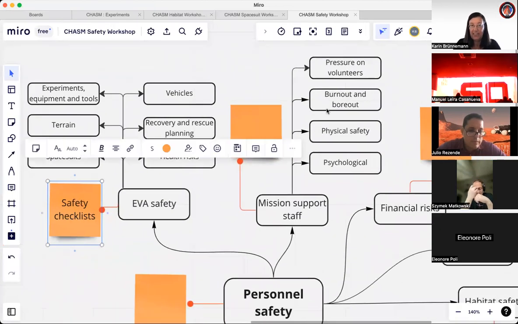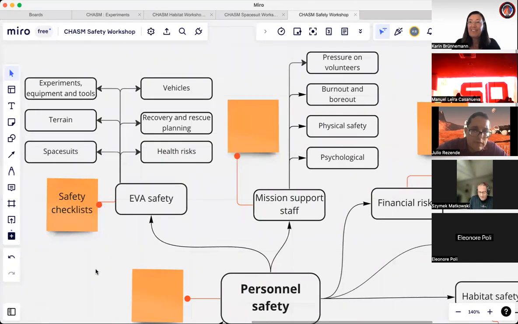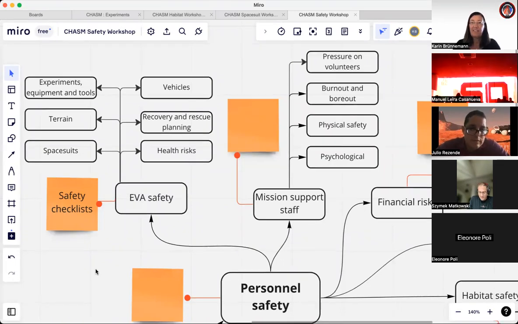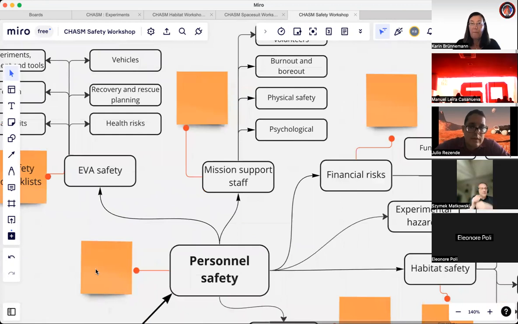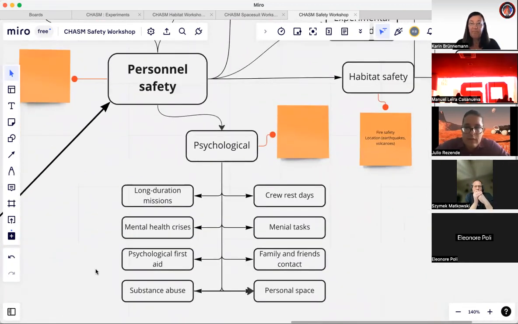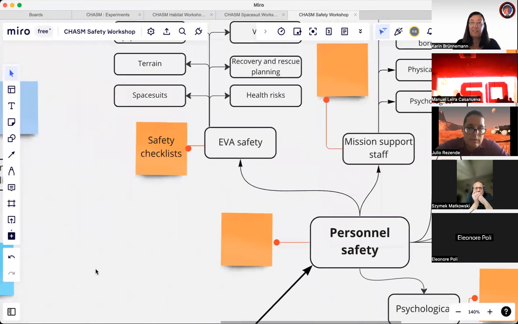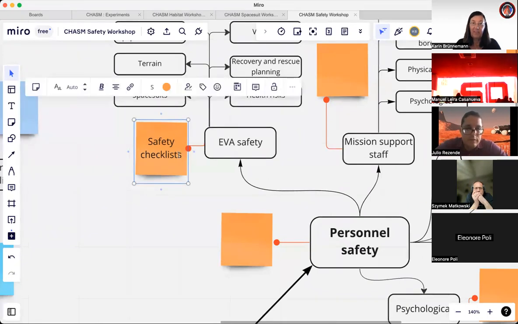Anything else? Also, another interesting point is related to monitoring. Also something connected with physical safety, as you mentioned, physiological, psychological too. It's very important during the EVAs. A very strong monitoring of what is happening with the health condition of the analogue astronauts.